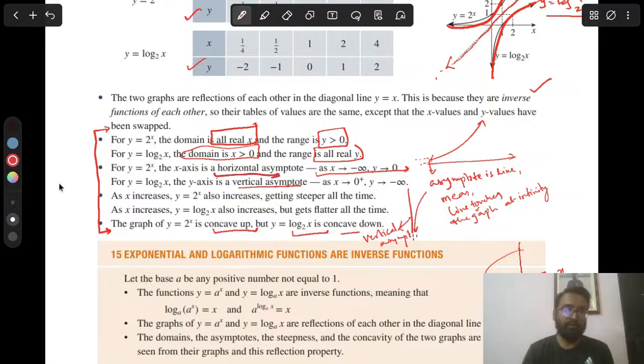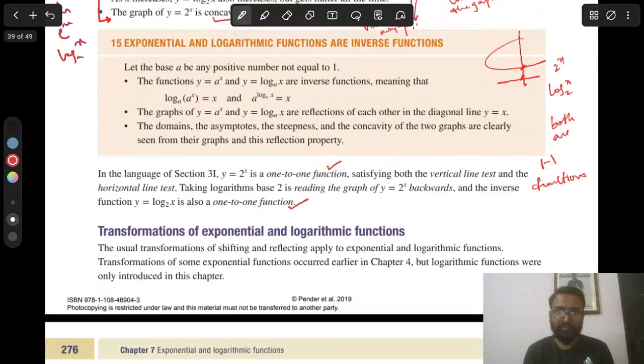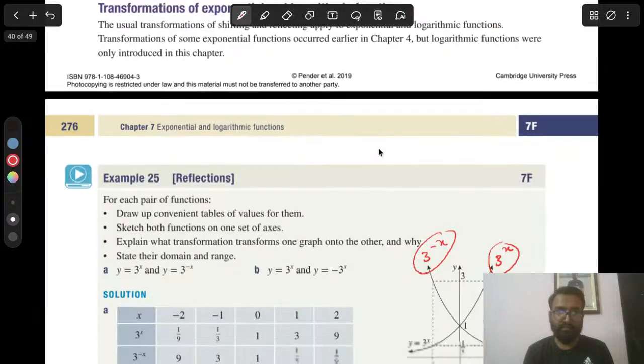So this is all the character of the functions, the character of function e power x and log x base 2 or base 3 or whatever.